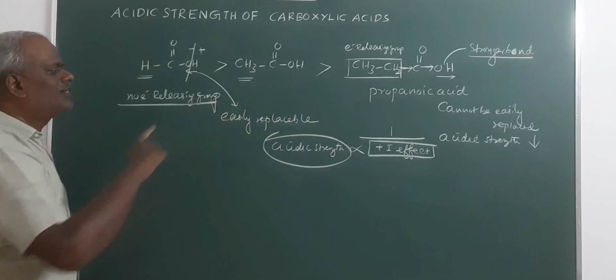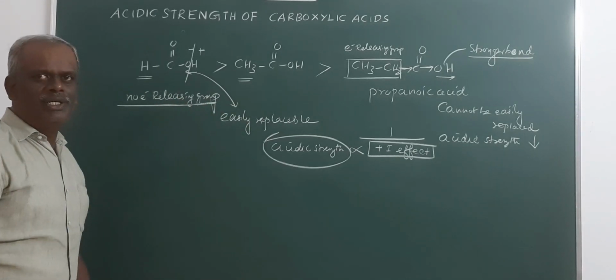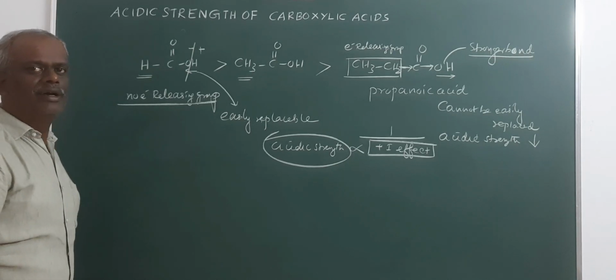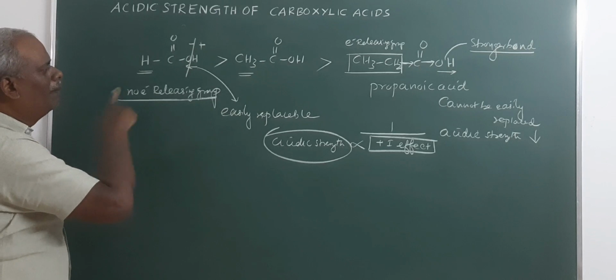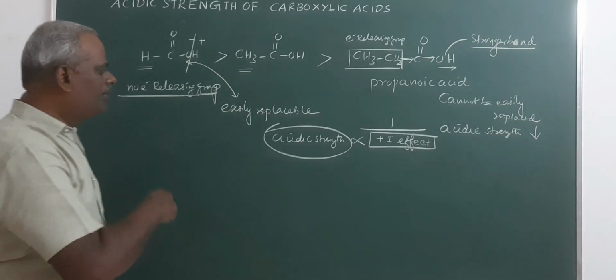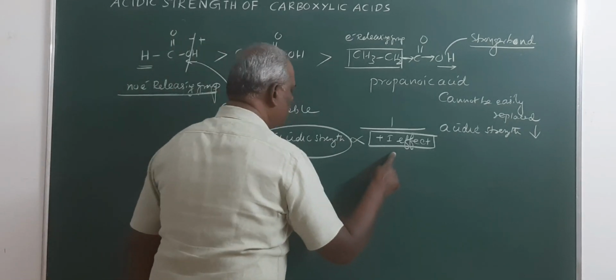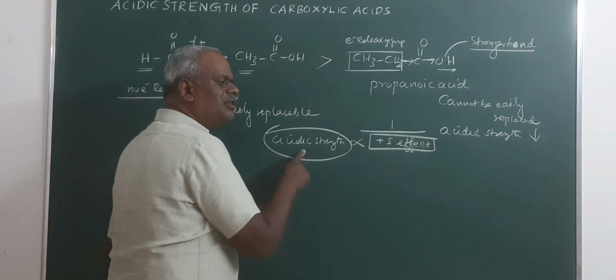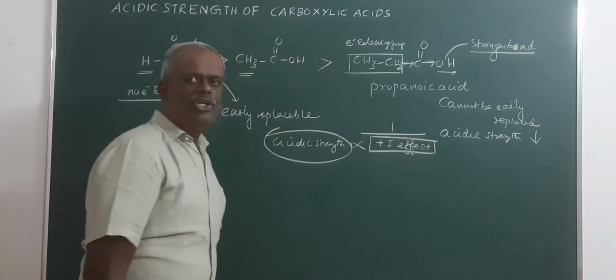Hence propionic acid is weaker, acetic acid is slightly stronger, and formic acid is the strongest of these. From this we can conclude, when the plus inductive effect increases, acidic strength decreases. They are inversely proportional to each other.